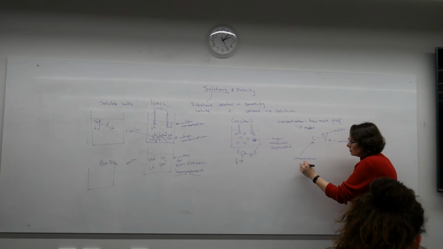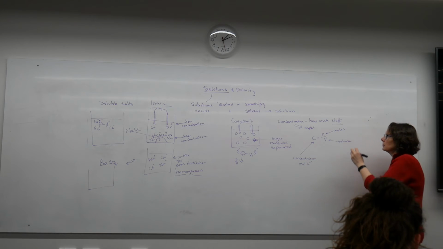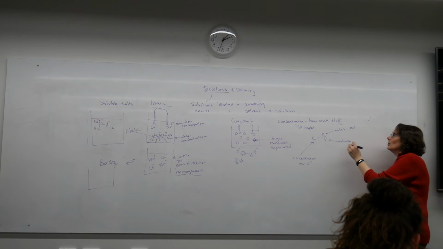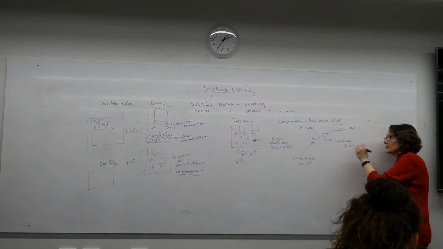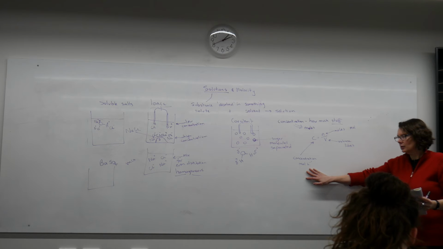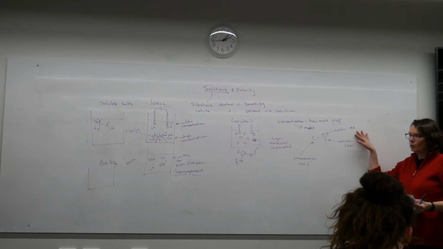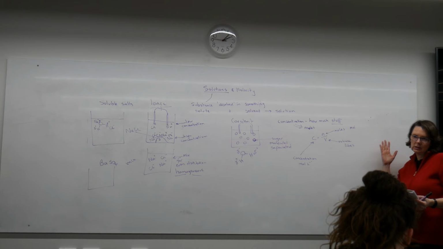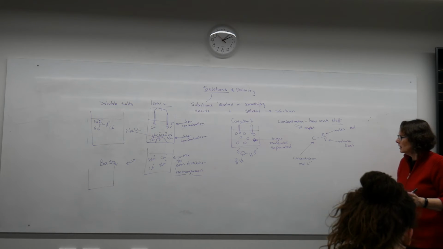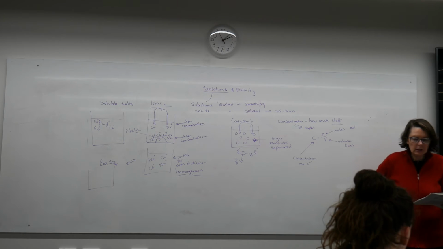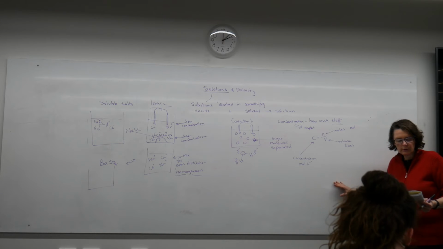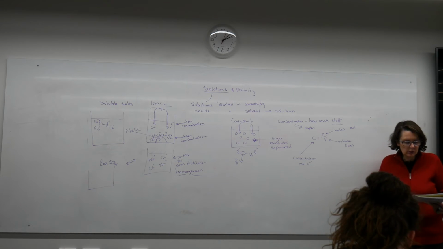The units are moles per litre for concentration, and moles is obviously measured in moles, and the volume is measured in litres. If you look at the units, it makes sense that concentration is moles per litre, because what we're doing here is dividing moles by litres, which is moles per litre. This is the most common way of being asked questions as far as concentrations are concerned in chemistry.